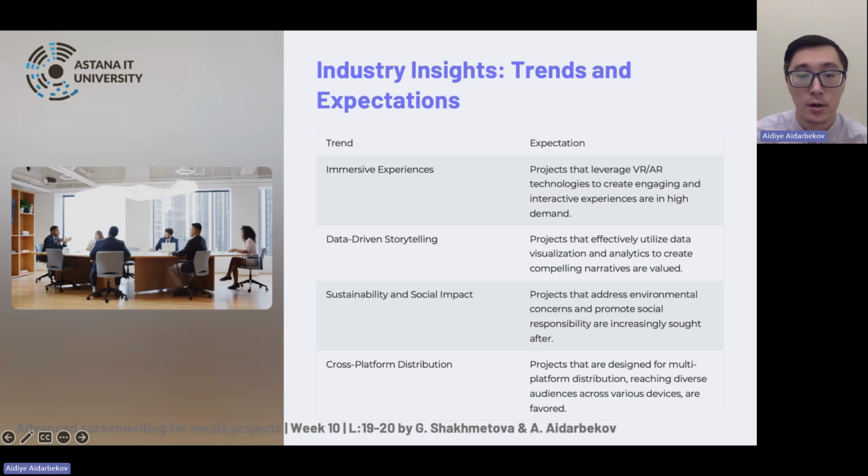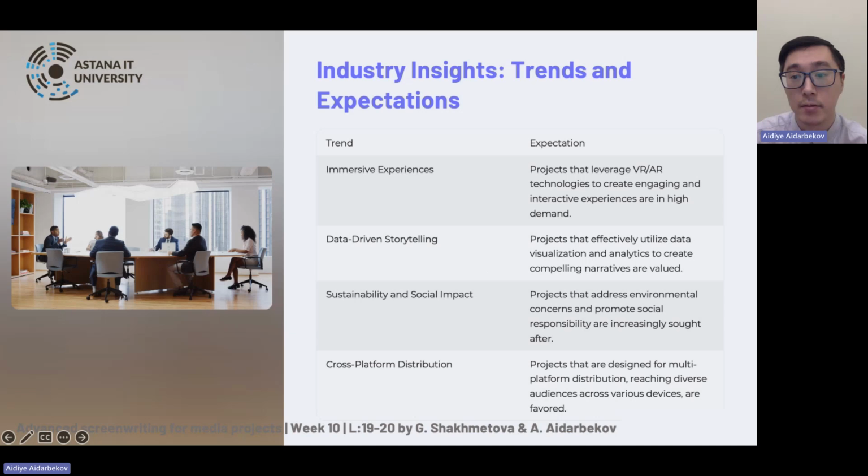You need to think and be prepared. As with VR, AR, interactive stories, here also for data-driven storytelling with numbers and a lot of infographics and information. The next one, so here, sustainability and social impact.